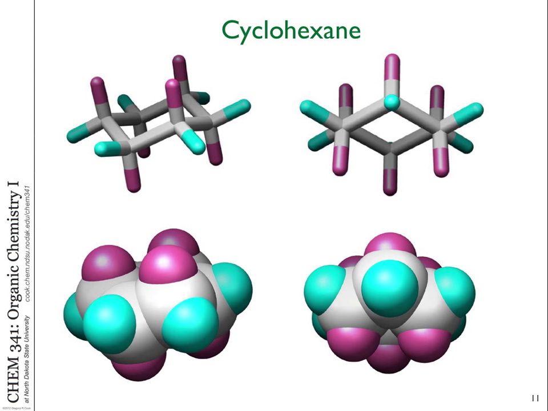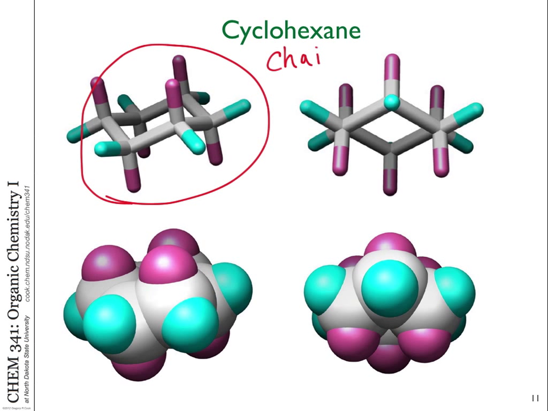What's the word? A chaise lounge. Your book uses that word. A chaise lounge. You know, these chairs with a back and a footrest. So this looks like a chair structure, and we refer to that as the chair conformation.